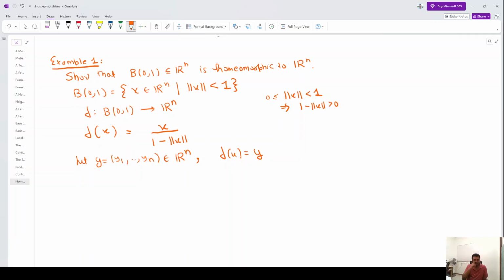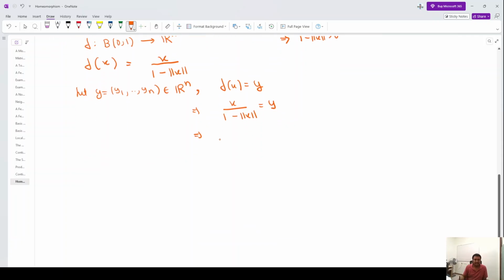So x is again some vector (x1, up to xn) such that norm of x is less than 1. What you will get from here is x divided by 1 minus norm x equals y, right? If you expand this, each yi equals xi divided by 1 minus norm of x, right?